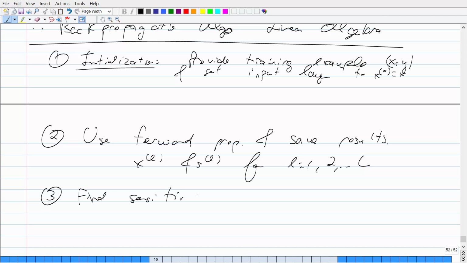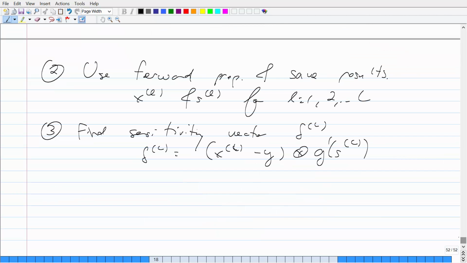Find the sensitivity vector for the output layer, element-wise. And then finally, compute sensitivities.